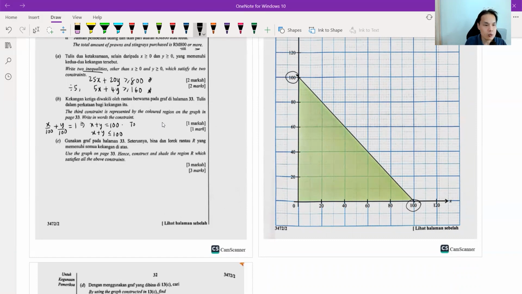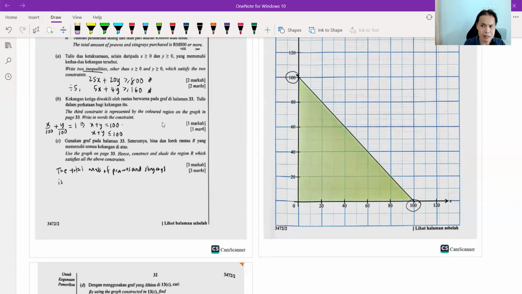We say the total mass of prawns and stingrays is not more than 100 kg.